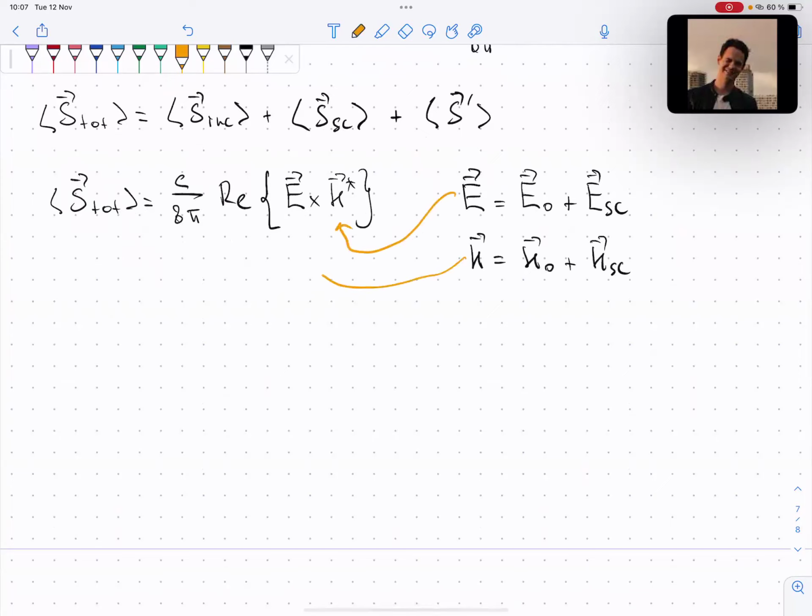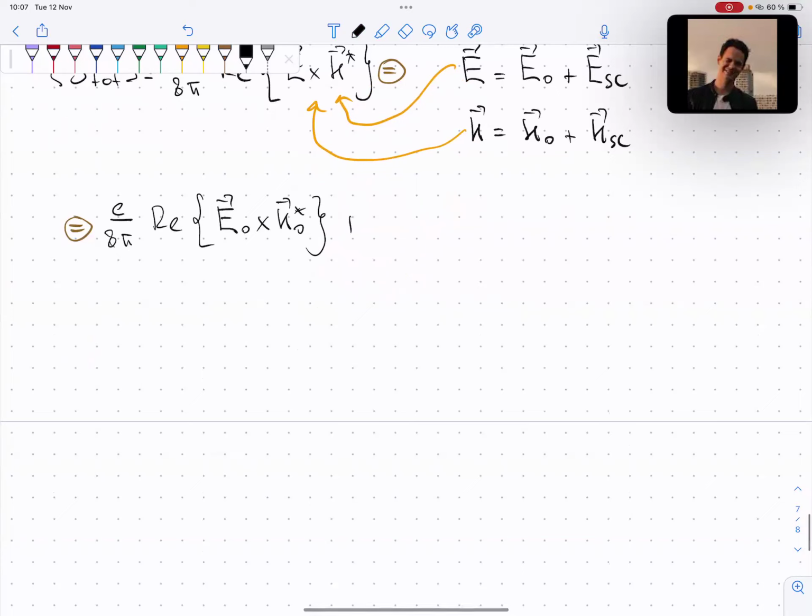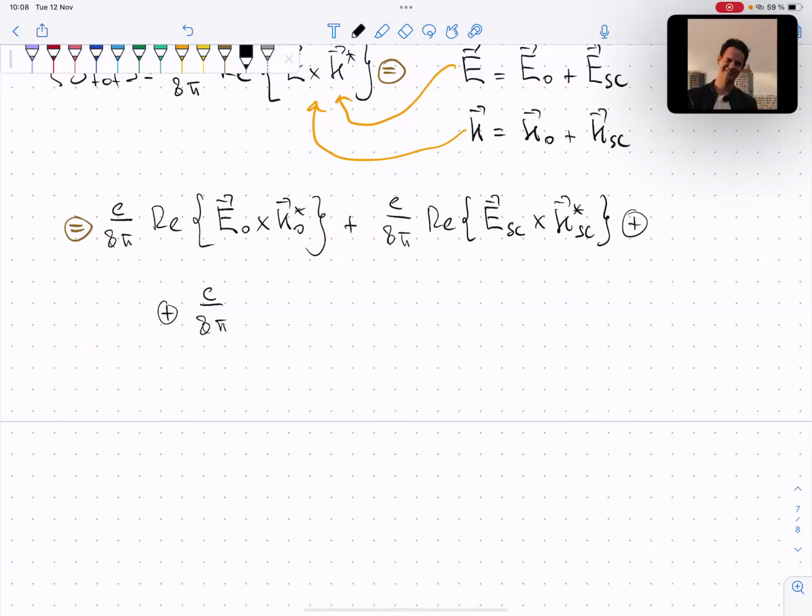If we put these two expressions here, you will get something like this: c over 8 pi real part of E0 times H0 conjugated, plus c over 8 pi real part of E scattered times H scattered conjugated, plus the following expression: c over 8 pi real part of E0 times H scattered conjugated plus E scattered times H0 conjugated.